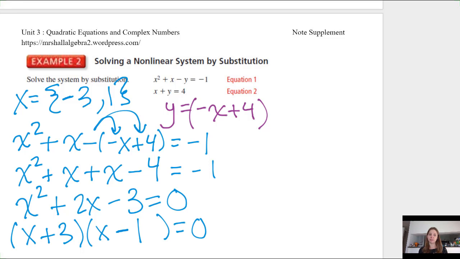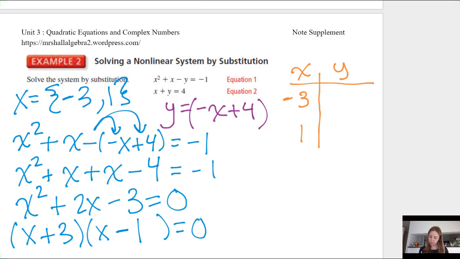And we are not done solving. Because this is a system of equations, there's x's and y's, so we need to get the x-y pairings. We know that the x values are negative 3 and 1. Now we need to find the y values at those x's.